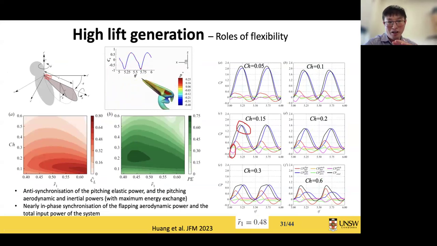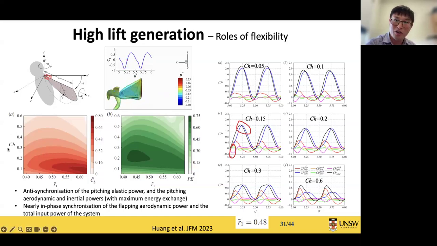In this case, we introduce the CH number to measure that, and we consider R1 as well. You can see that the optimal CL, the left picture, is near CH of 0.1 and high R1, but the highest power economy is near CH of 0.2 but medium R1 value.